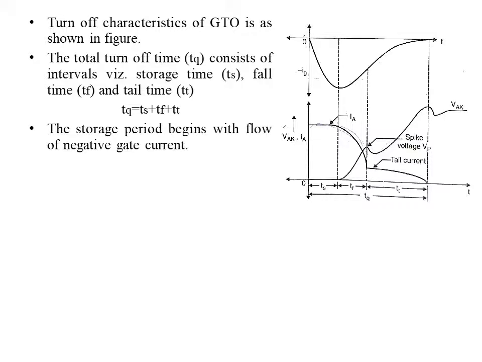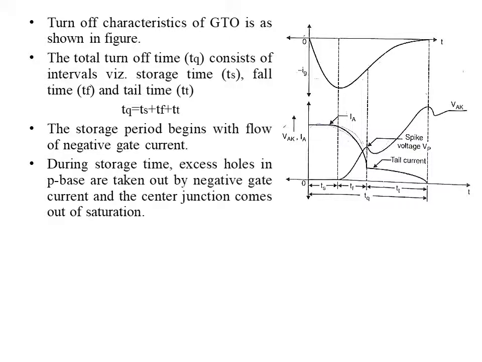The storage period begins with flow of negative current. During storage time, excess holes in the P base are taken out by negative gate current and the center junction becomes out of saturation. Thus, GTO is prepared for turning off.